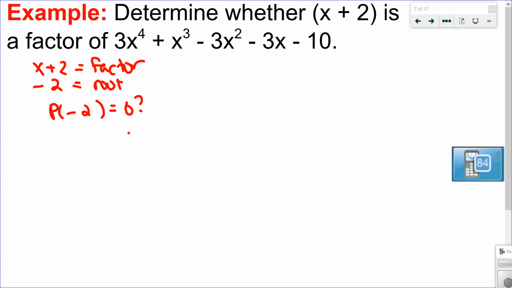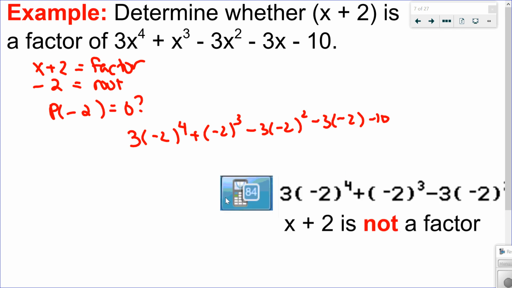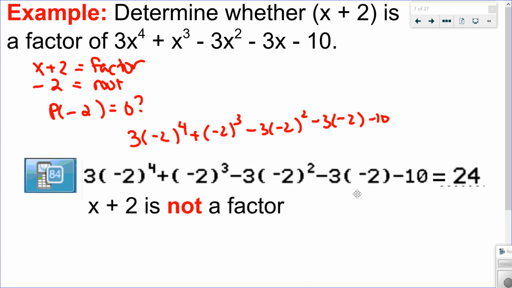So plugging in negative 2 in place of all of the x's, using brackets for my substitution, I want to plug that into my calculator and see if the value is 0. Okay, you can see the value is 24, not 0, so that means that x plus 2 is not a factor of the polynomial. Let's try that for the next one.